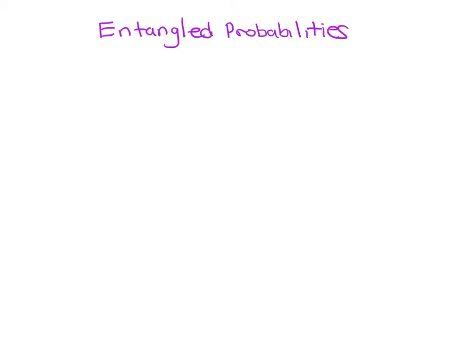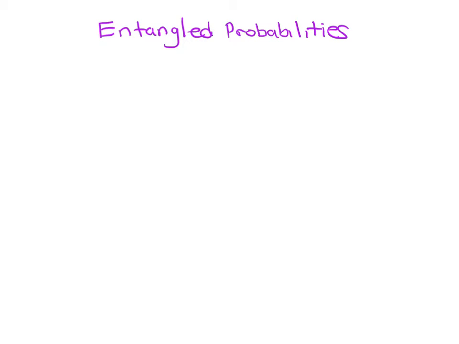So let's dive in. I want to start by introducing the idea of entanglement with a story. This is an example that Frank Wilczek gives in his nice Wired magazine article.